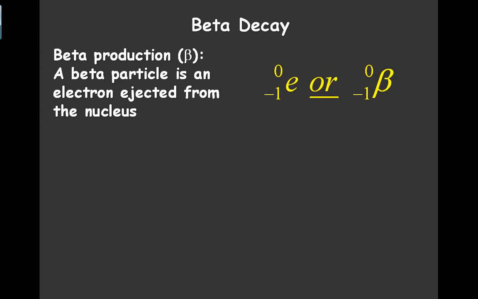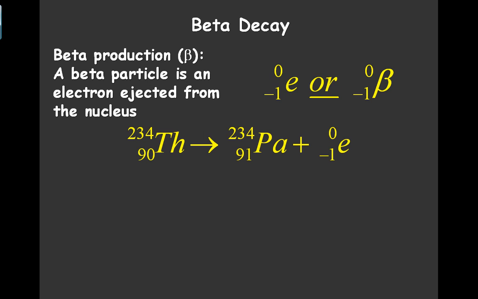So the symbol basically for a beta particle is the symbol e. It has no mass, and it has an atomic number of -1. That's basically the charge. You can also substitute in, again, the β for beta there for a beta particle. So here's the first example of beta decay.